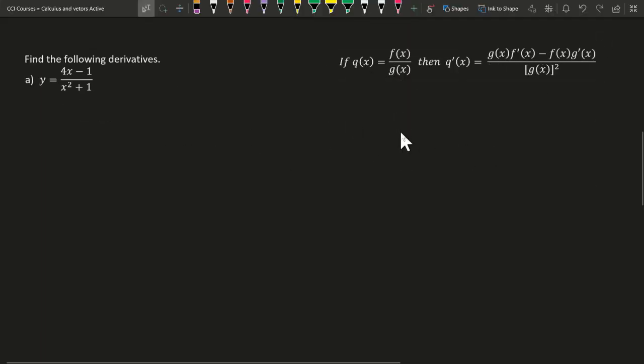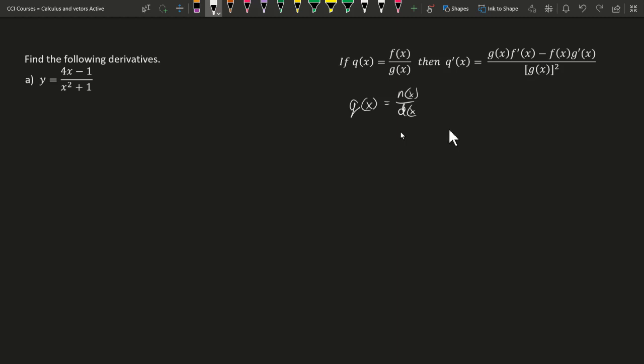Sorry, quotient rule. So I'm going to show you guys how I kind of do this, especially at the very beginning. Instead of calling this Q of X is equal to F of X over G of X, I call it N of X over D of X for numerator and denominator.